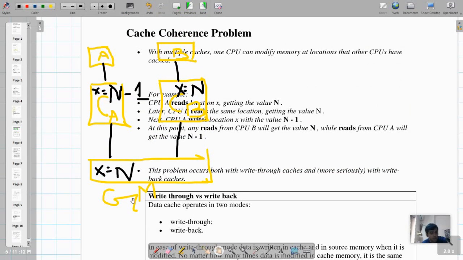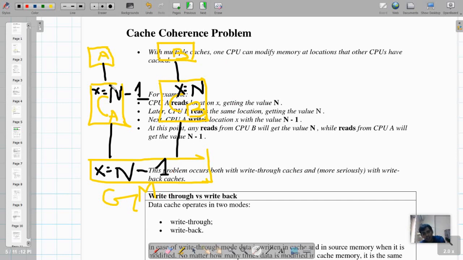At the same time when the data item has been updated into the cache, it will be updated into the main memory also. Now in the general purpose main memory, the X has a new value N minus 1.